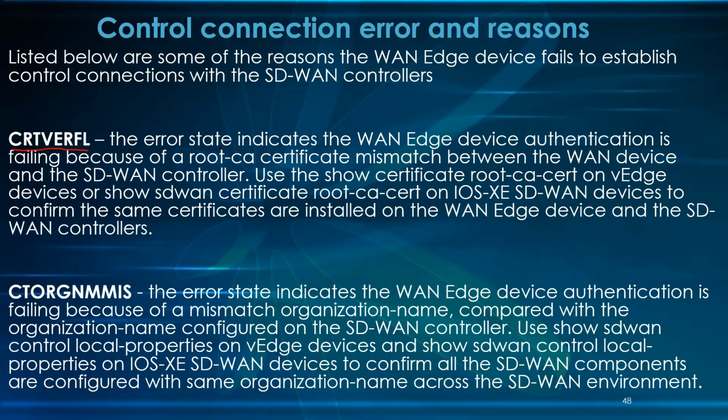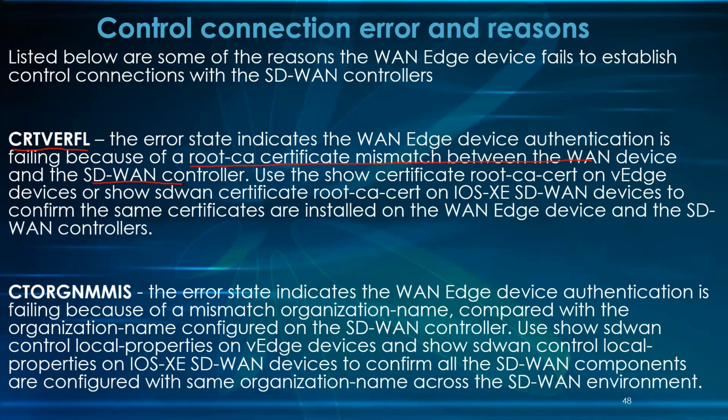So it says the error state indicates the WAN edge device authentication is failing because of the root certificate mismatch between the WAN edge device and the SD-WAN controllers, right? So if you are getting this error, immediately start looking at the root certificate area. Use show sdwan certificate root-ca-cert on the WAN vEdge devices.